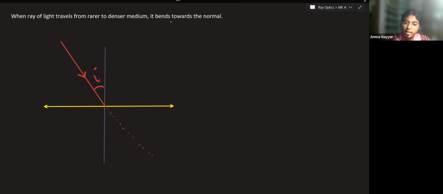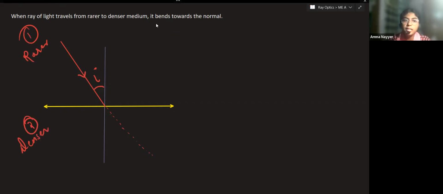Now, when your ray of light travels from rarer to denser, this medium is rarer, optical density is less, and this is your denser medium. From the rarer medium to the denser medium, light bends towards the normal.